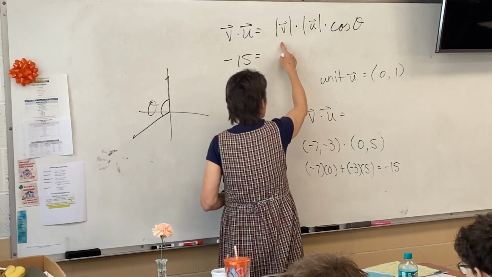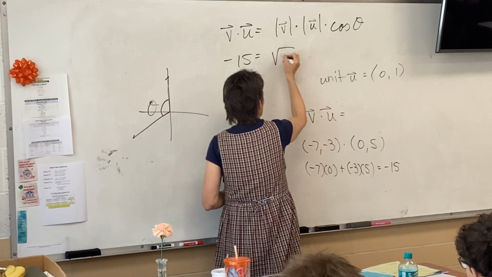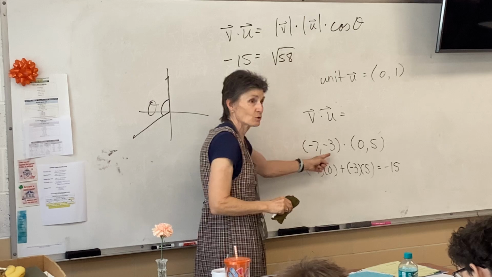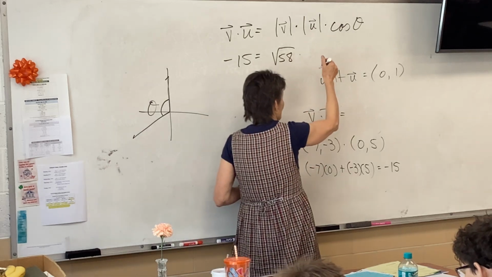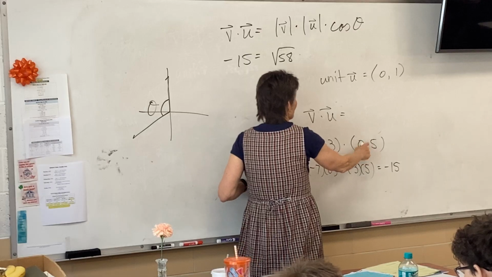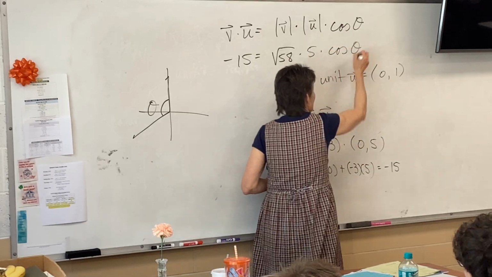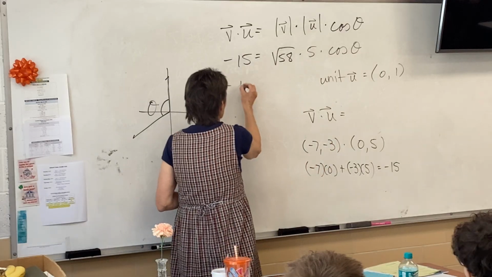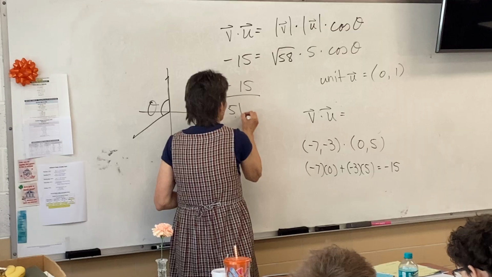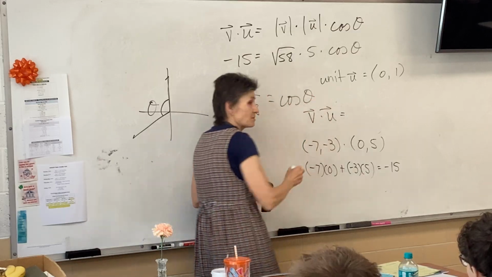We figured it out a minute ago. The magnitude of V was root 58. Remember that? We squared and squared and added them up. What's the magnitude of U? I erased my vectors right there. 5, times the cosine of theta. See how easy this is gonna be? So we'll divide by 5 root 58. And that's the cosine.